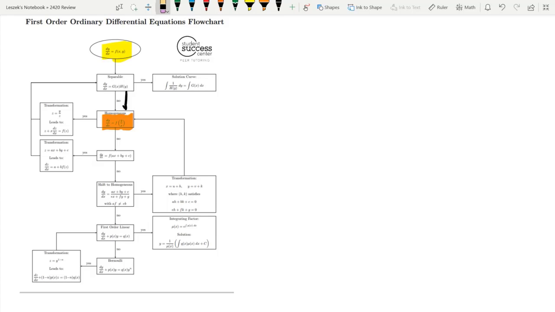All right, so pretty simple idea here. We have the derivative of some unknown function y with respect to the independent variable x is apparently equal to this mess.